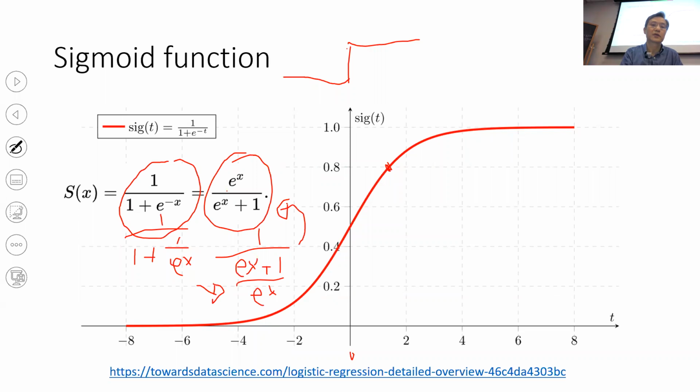I think this one is more intuitively right, and it's a ratio between the exponential of x divided by 1 plus the exponential of x.